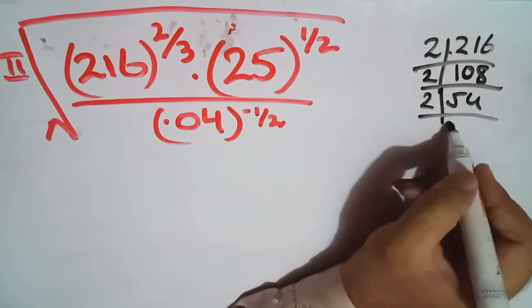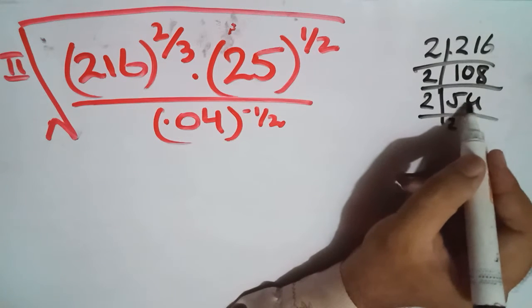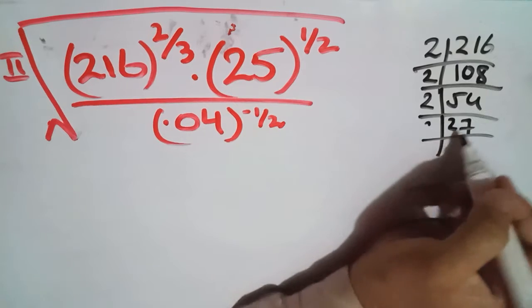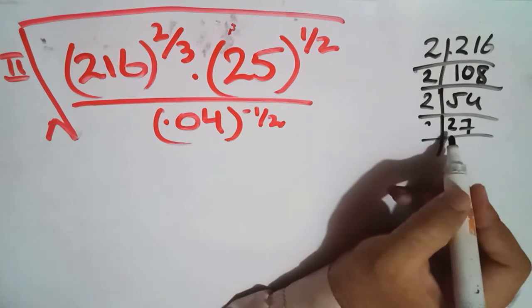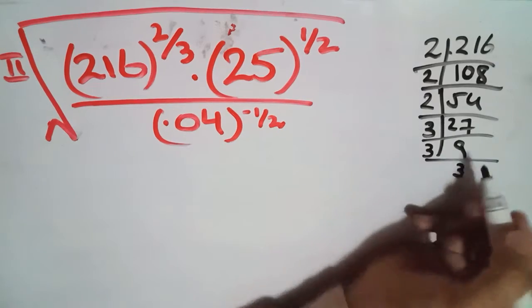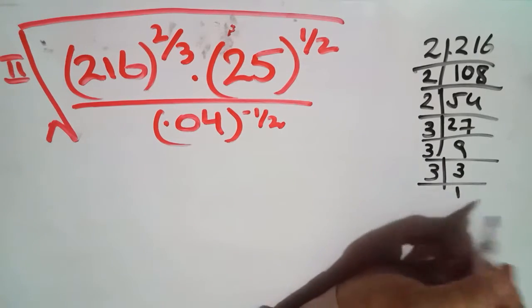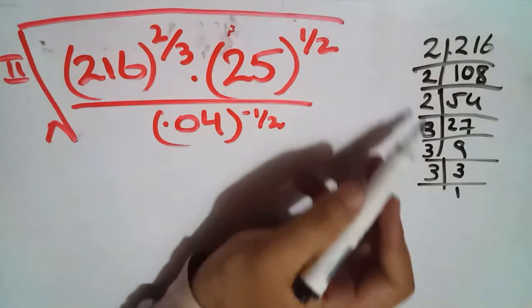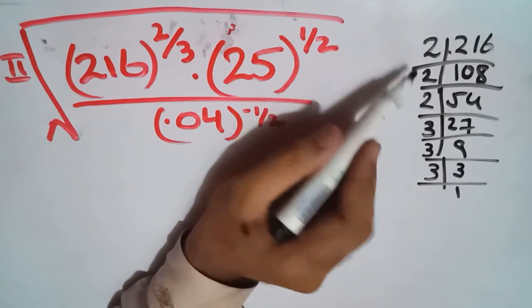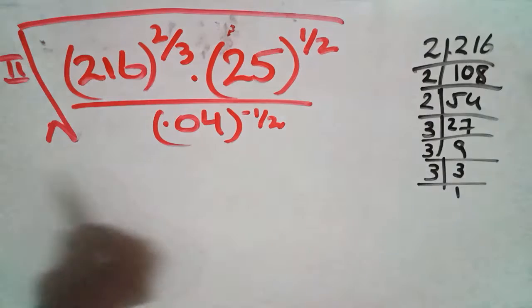Similarly, 2 2s are 4, so it will become 14. 2 7s are 14. Now it will be divided by 3: 3 9s are, 3 3s are, 3 1s are. Okay, so here you have the factors for 2 and 3: 2 raised to power 3 and 3 raised to power 3.